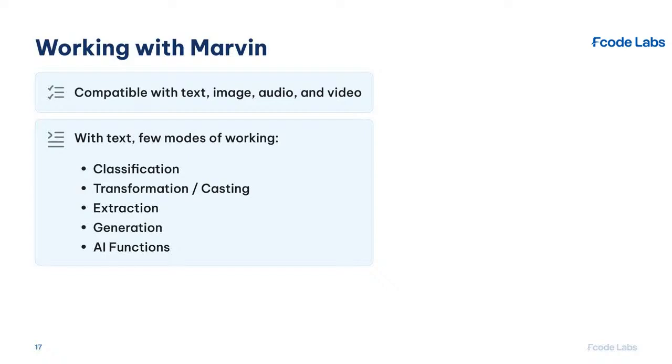And text generation means if we give a schema to the generation function, it will generate random data using LLM. And an AI function is where we can define a function in our Python code, and Marvin will use LLM to get the output of the function. We'll cover all those things in this presentation.